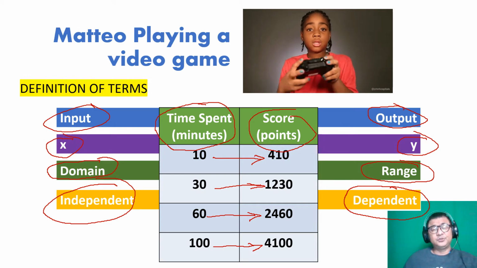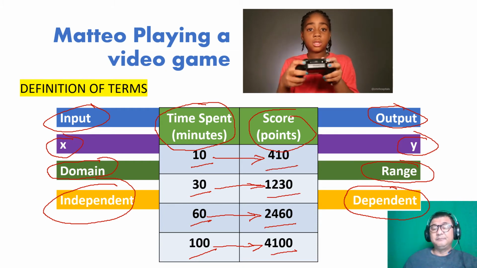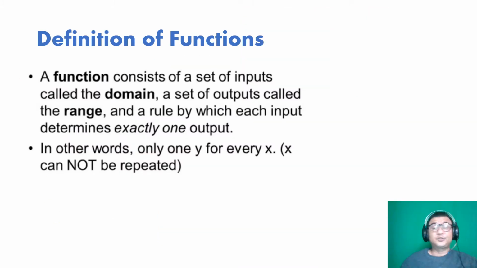Now, is it true that when you play your video game, after a certain number of minutes, you will earn a certain number of points? Now, that output can be a function. How can it be a function? That's our next lesson. So let's review the definition.